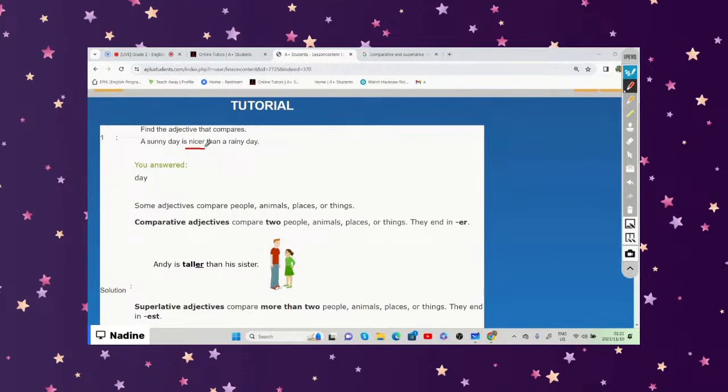So a sunny day is nicer than a rainy day, and that is a comparative adjective. Nicer.